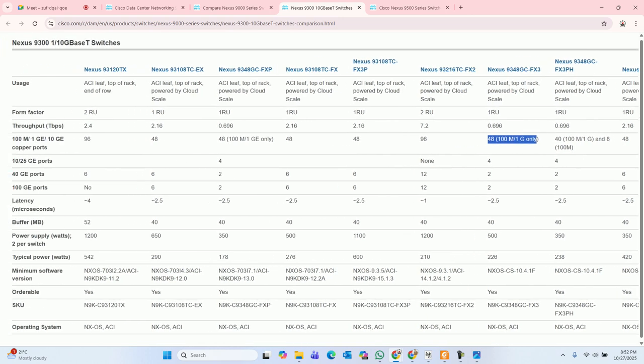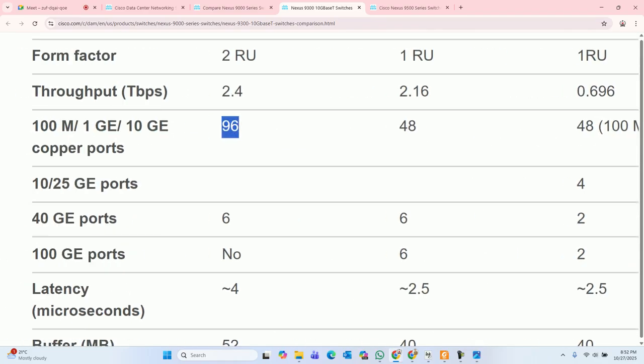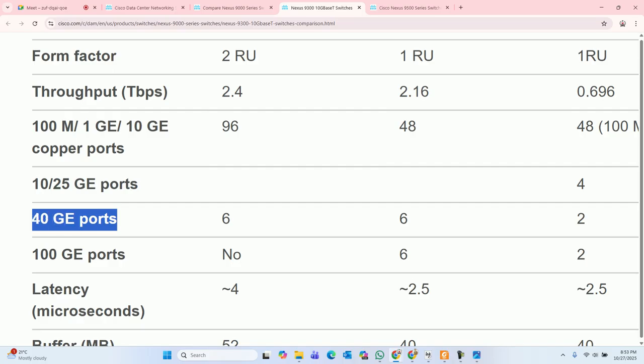But when you look at 93120, you have 96 ports which can go up to a maximum of 10 Gbps, and then you have 6 interfaces.